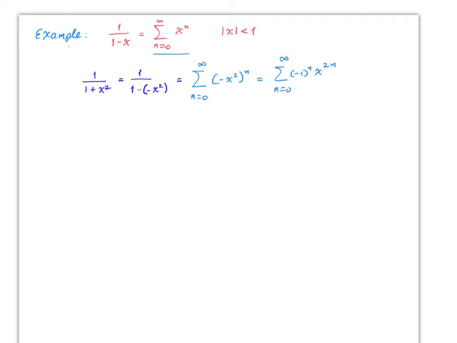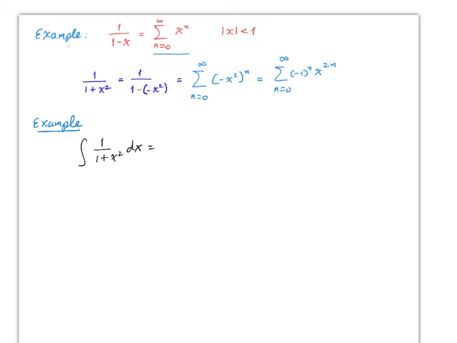But let's go one step further, and let's say that we again integrate both sides. So if we integrate both sides, this is an integral that we have done literally 1,000 times.